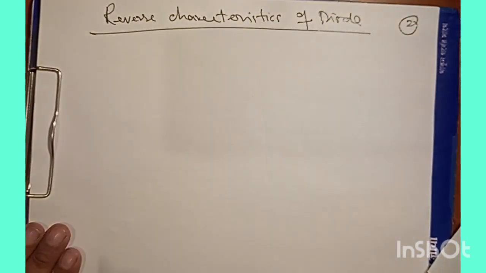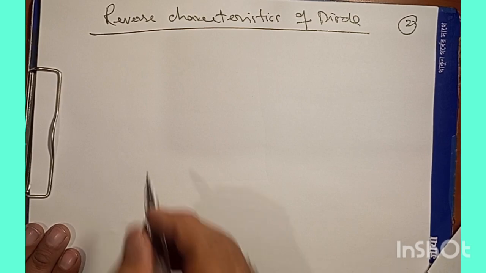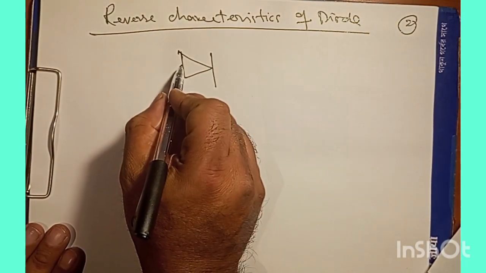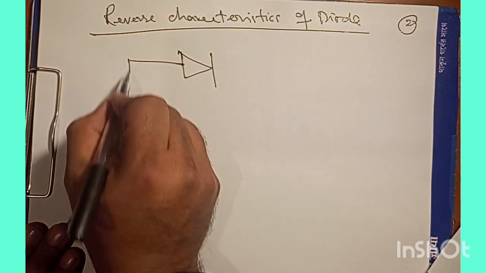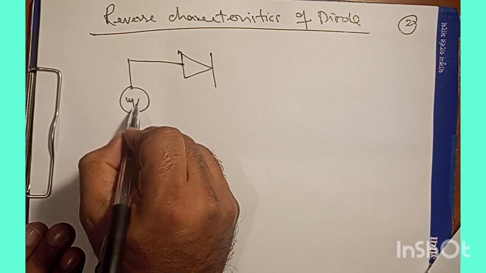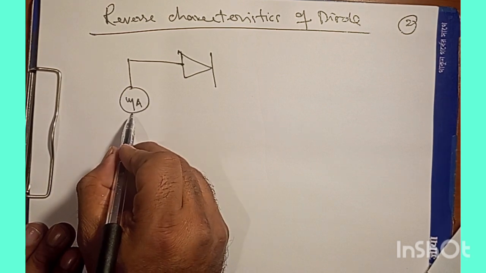The point is very clear. We have a PN junction, and we have to measure the current in microamps here, because we are reverse biasing it.